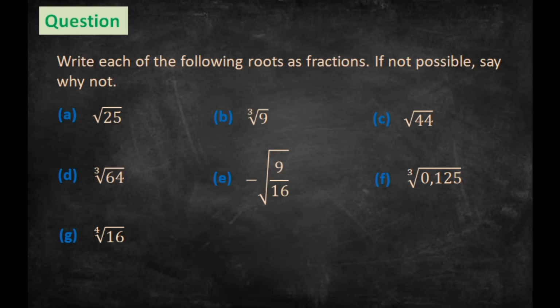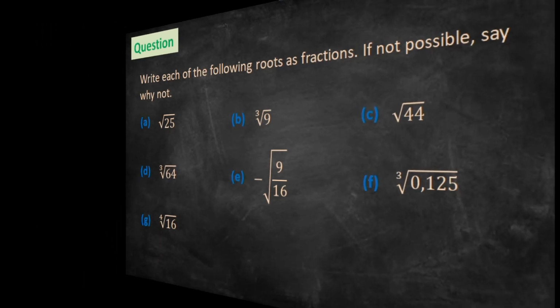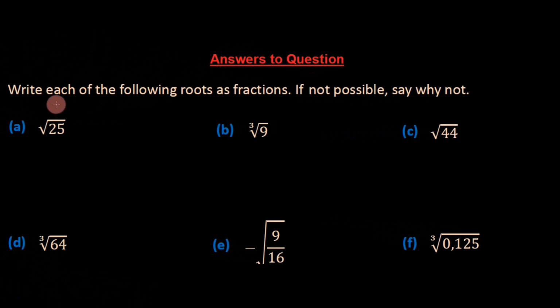So in this question, we have to write each of the following roots as fractions. If not possible, we have to say why not. In A, we have the square root of 25, which we know is 5, since 5 squared gives us 25.